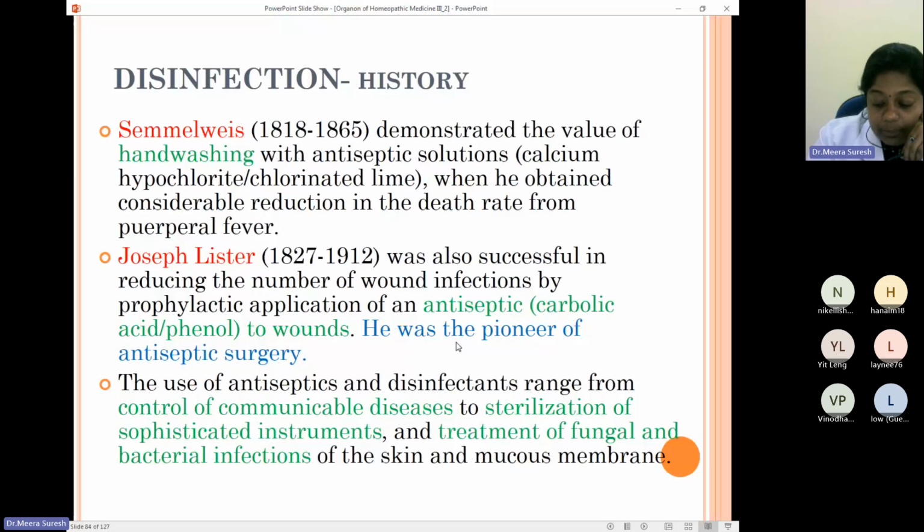And when his postmortem was done, his body showed some pathology which was very similar to the postmortem pathology of the women who passed away due to puerperal fever. So the pathology shown by this person and that group of women who died because of puerperal fever was similar.